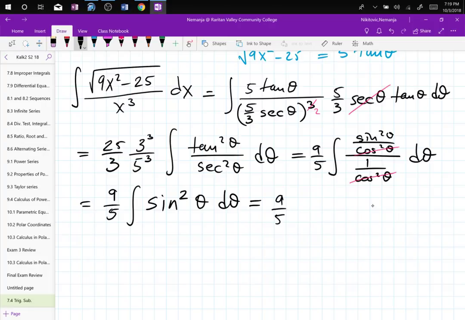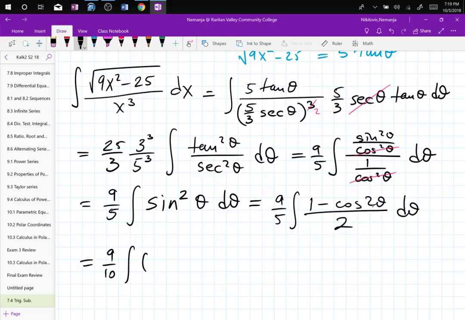That's technically what it is. We have 9/5 integral, and the power reduction formula is 1 minus cosine 2 theta, very good, over 2 d theta. 2 gets kicked outside, becomes 9/10. And now we have integral of 1 minus cosine 2 theta d theta. 9/10.